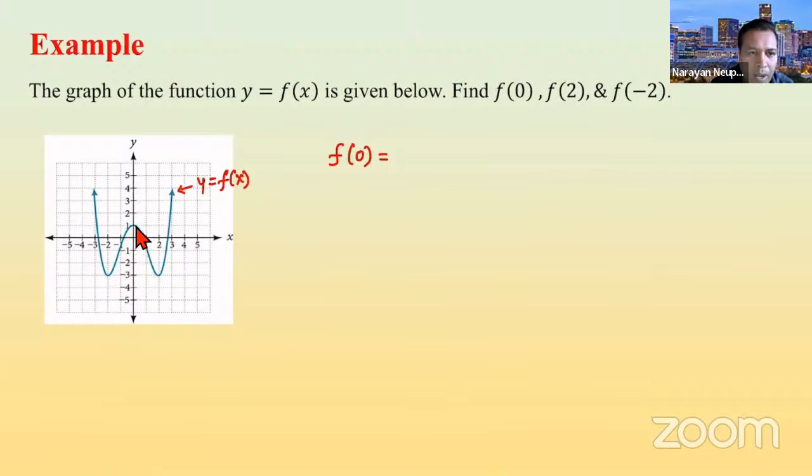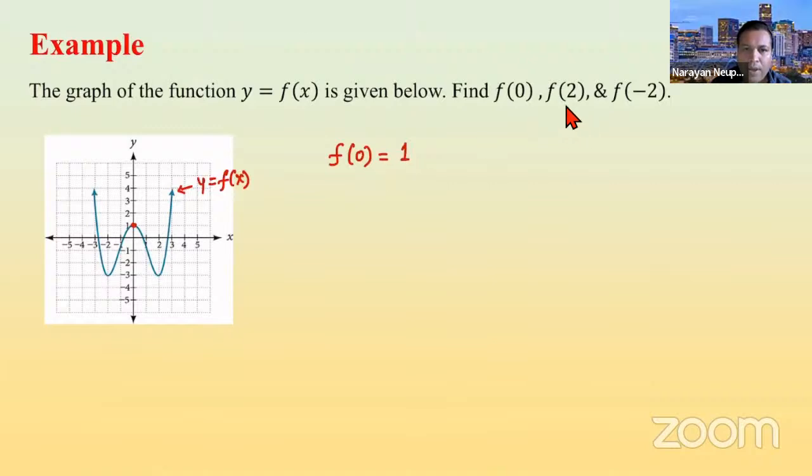If you go up here, here is the function. So let me put a dot there. For that, you can see the y value is a 1. That means the value of the function at 0 is a 1. So f of 0 equal to 1.